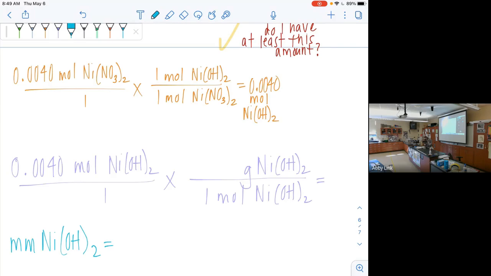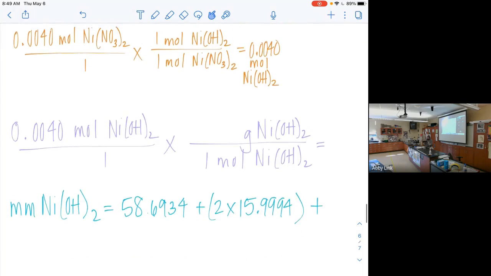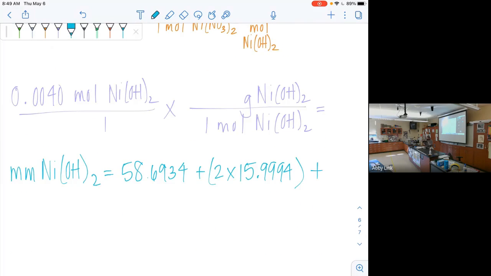Nickel is 58.69. We've got 2 oxygens and 2 hydrogens. Oh, sugar. I ran out of space, guys. I'm just going to put that here and show them the hydrogen.